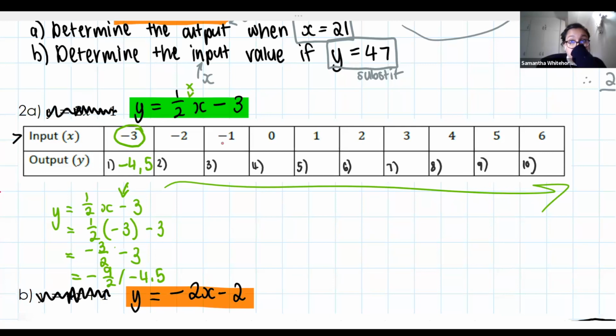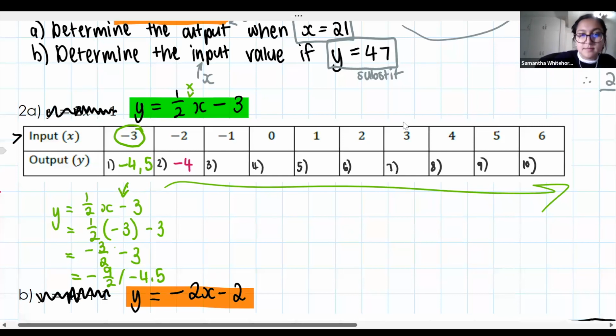So let me just get to my answers. Let's go, Bunola, read them out. For number 1, ma'am, is negative... for number 2 is -4. Number 3 is -3.5. For number 4 is -3. Number 5 is -2.5.